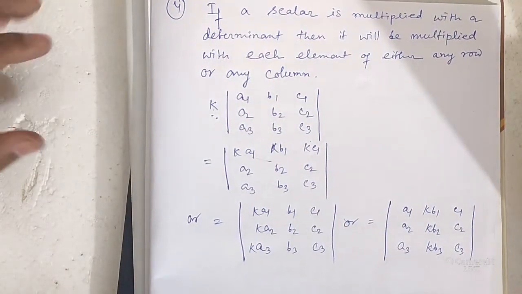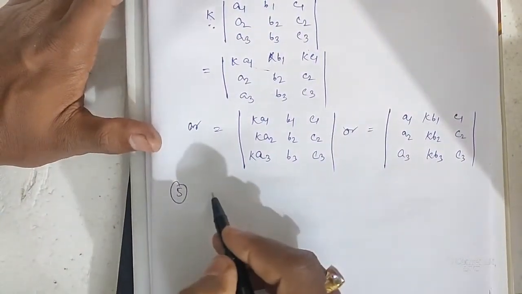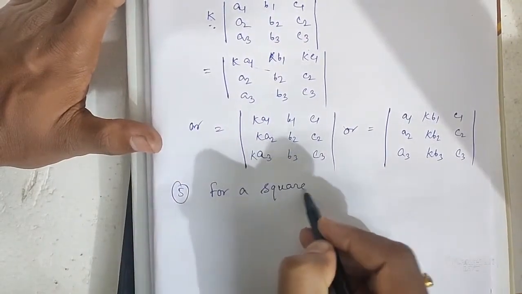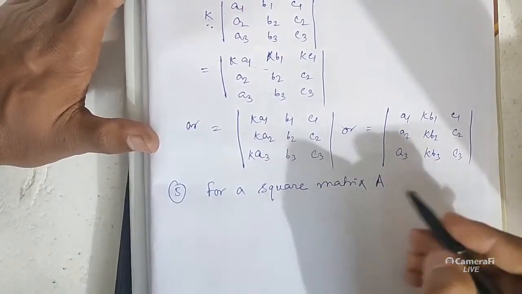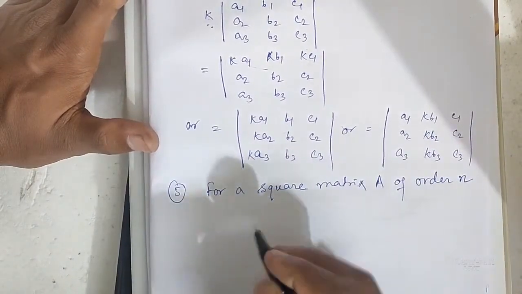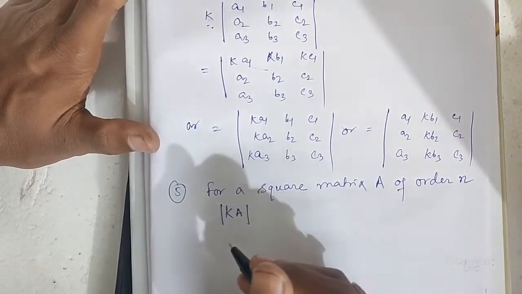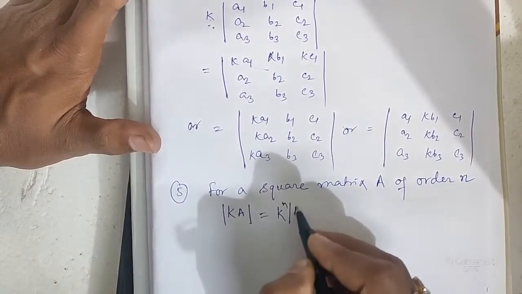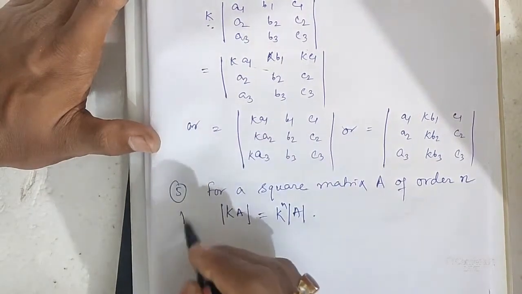Now here is one more property we have: for a square matrix A of order n, the determinant of k into A is equal to k to the power n times determinant A. This property is very much important.